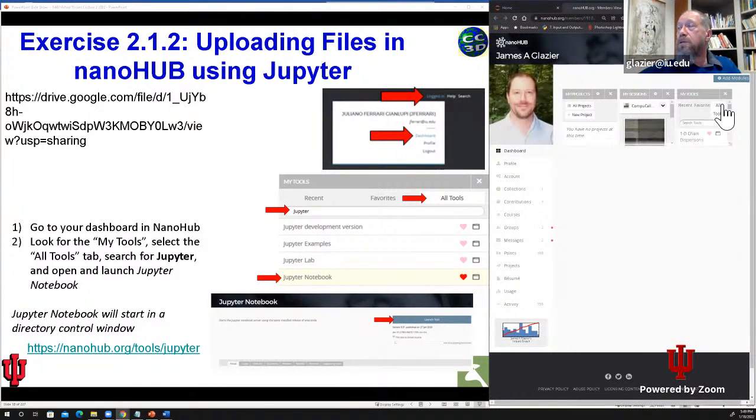Click All Tools here, search tools for Jupyter. You'll see Jupyter. We don't want the Jupyter GPU version, we just want Jupyter Notebook here. And you probably want to bookmark it by clicking the little heart next to it so it's easy to find.